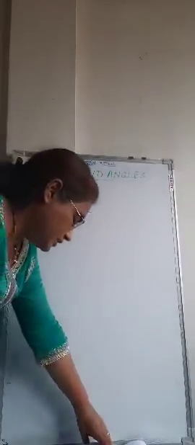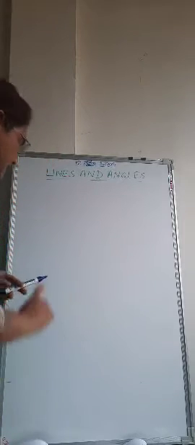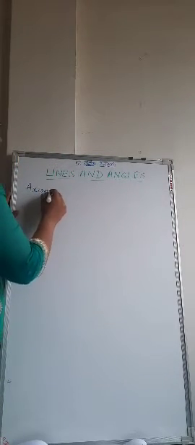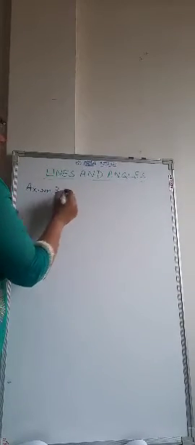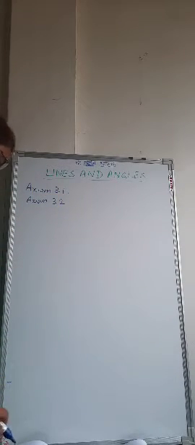So now further we will proceed with the chapter. Pairs of angles, linear pair of angles: on that there are axiom 3.1 and 3.2. You have to write the statement of axiom 3.1 and 3.2 in your notes.